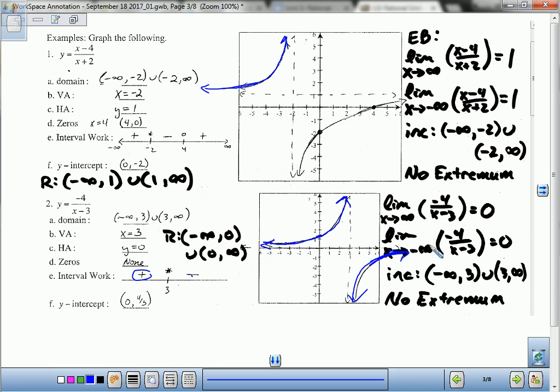Can you say that again? So what Ben just said was, if we had 2 divided by 0, that's undefined. So there's no y-intercept there. That's because there's a horizontal asymptote on the x-axis, so we have that horizontal asymptote of y equals 0. When does that occur?